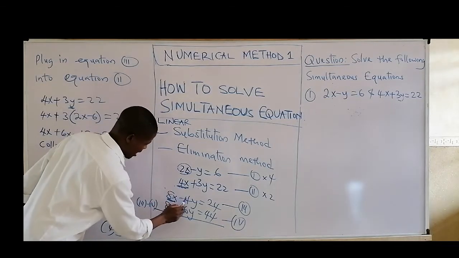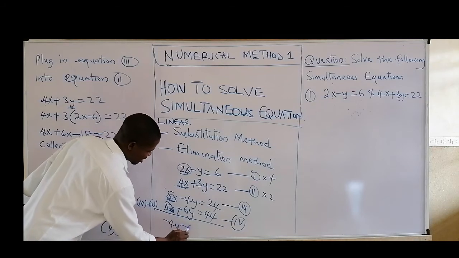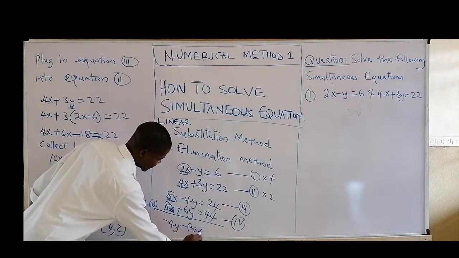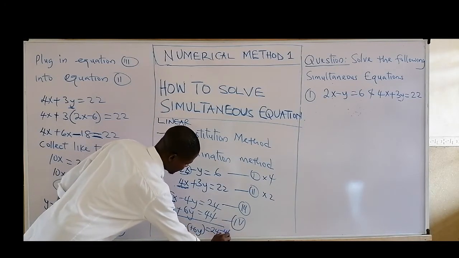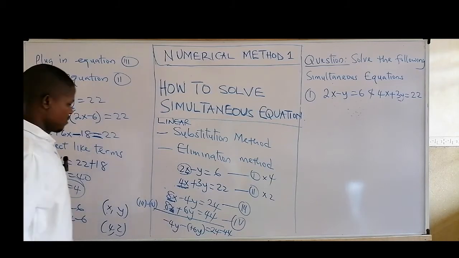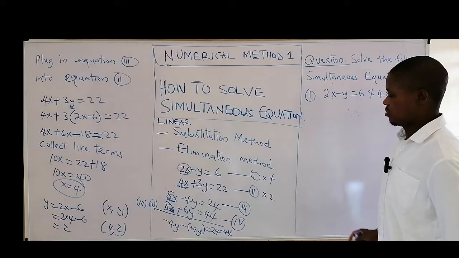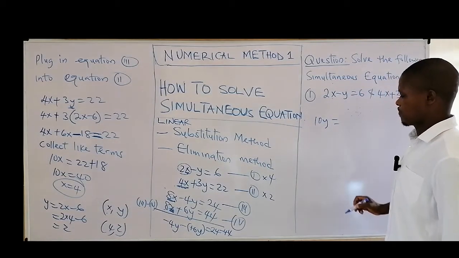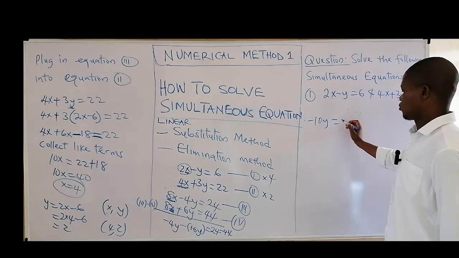Then we have here minus 4y minus plus 6y, so minus 10y, equal to 24 minus 44, that's minus 20.